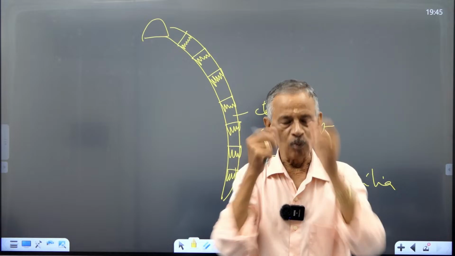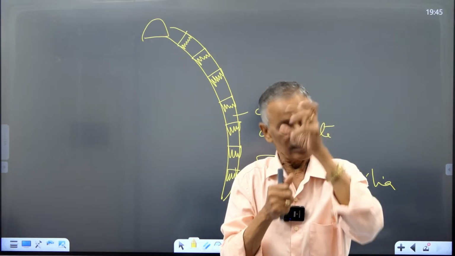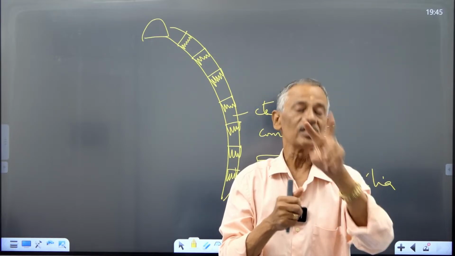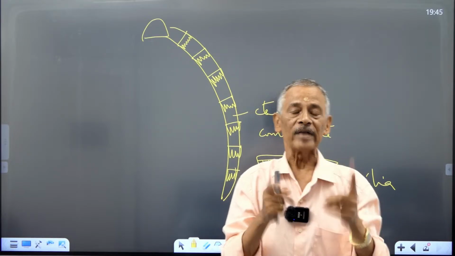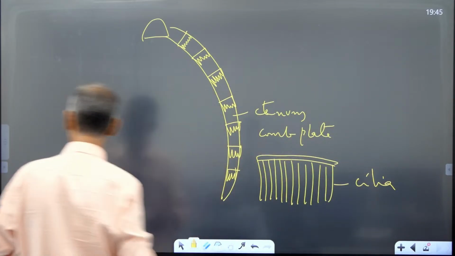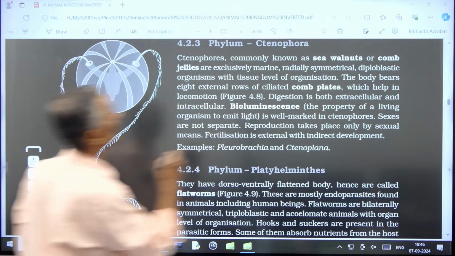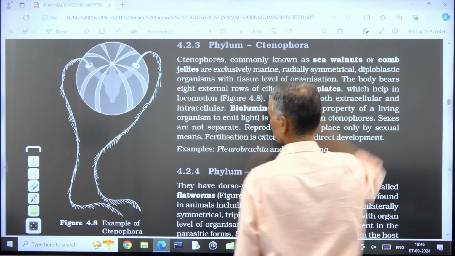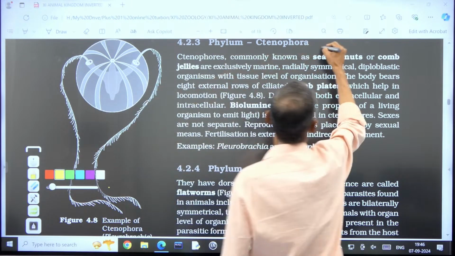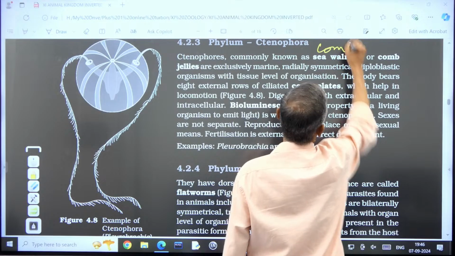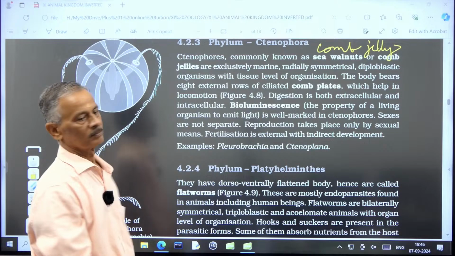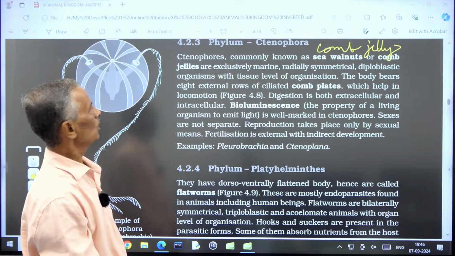Since they have globular structures and their body has only two germ layers with the mesoglea in between, they are commonly called comb jellies.